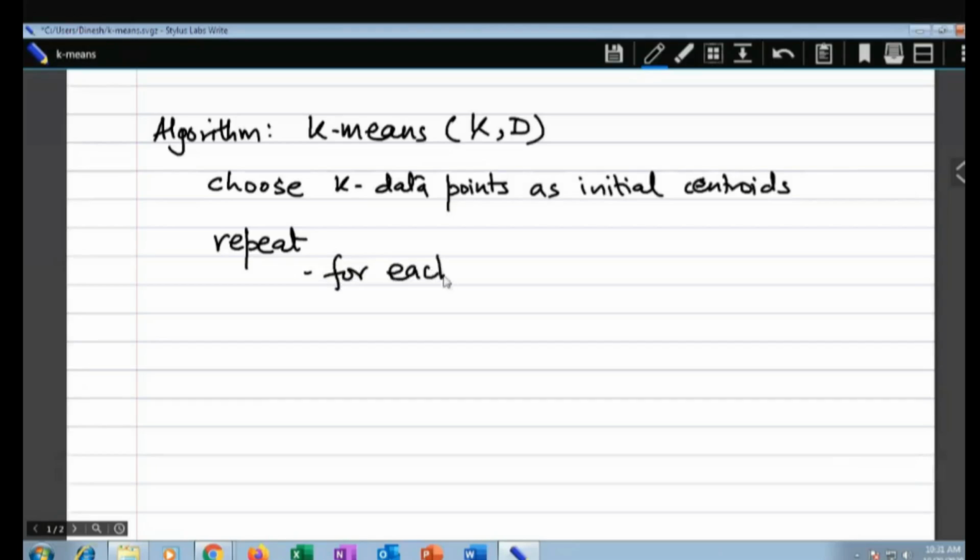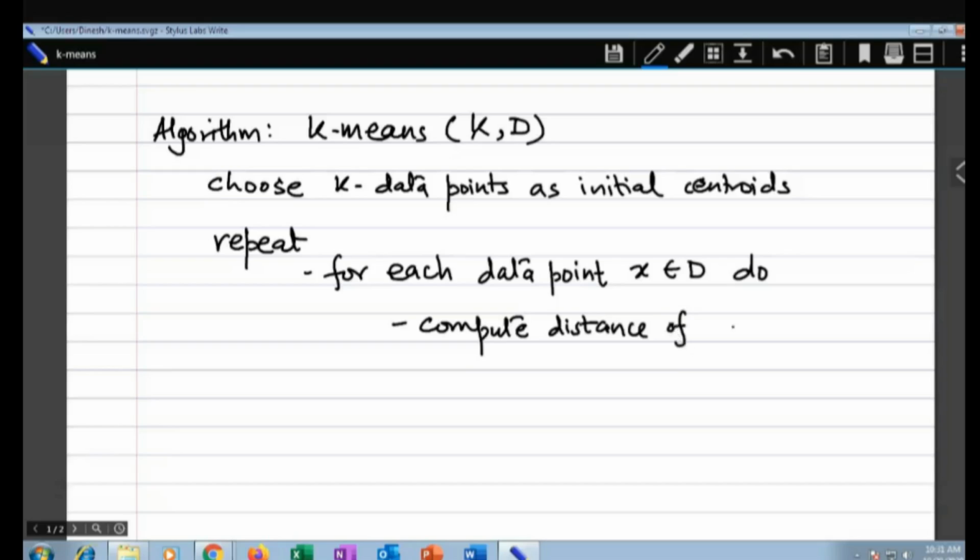So you will repeat for each data point x in dataset D, do: compute the distance of x with each centroid.